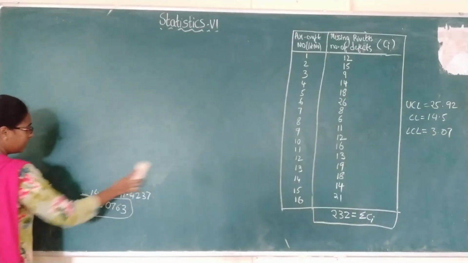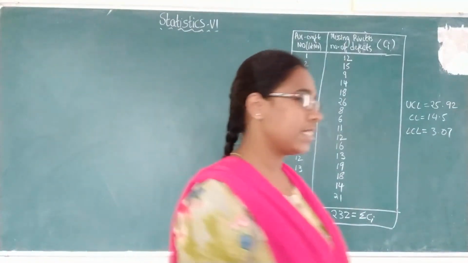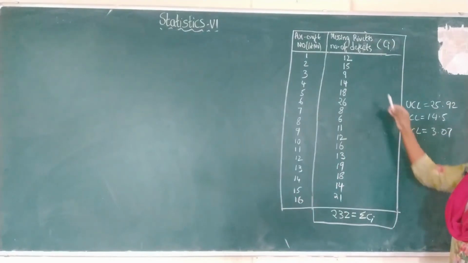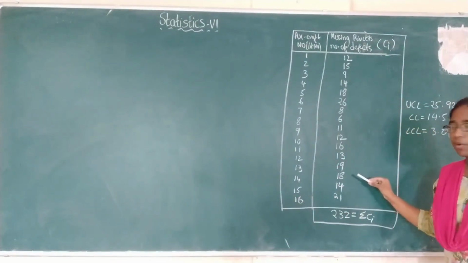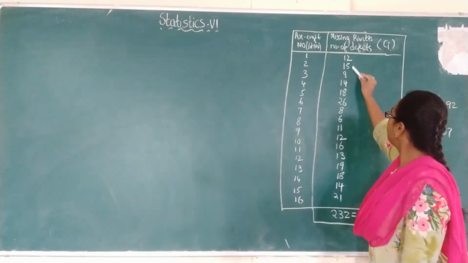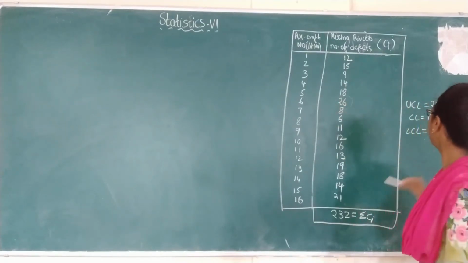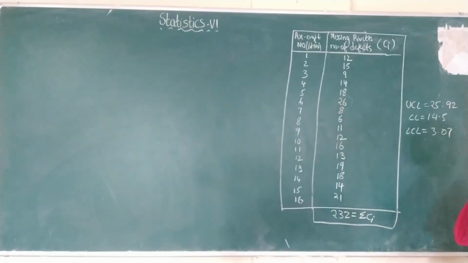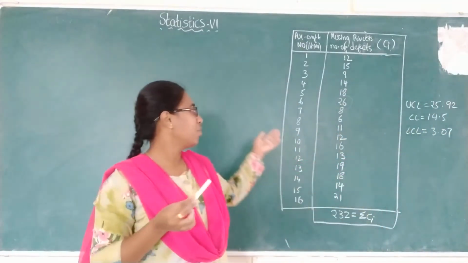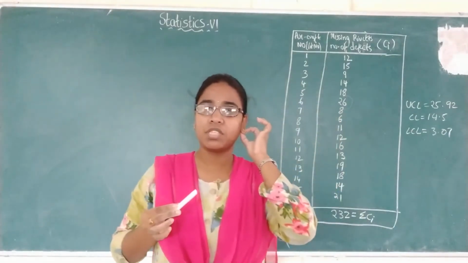We have a total of 16 samples, and on the y-axis you take the scale depending on the UCL value and the highest value in the number of defects. Here only you will get a confusion that obviously 26 is greater than 25. You will get the conclusion as process not under control.